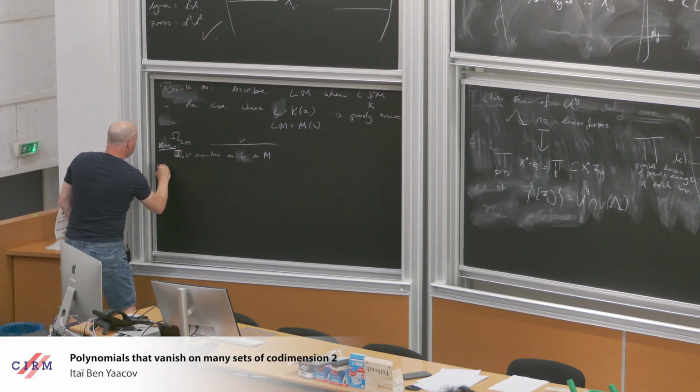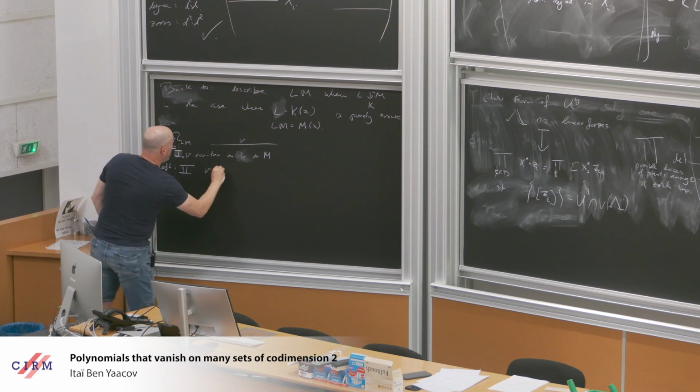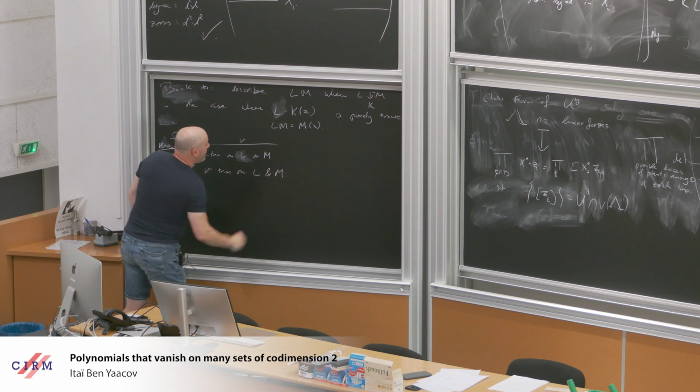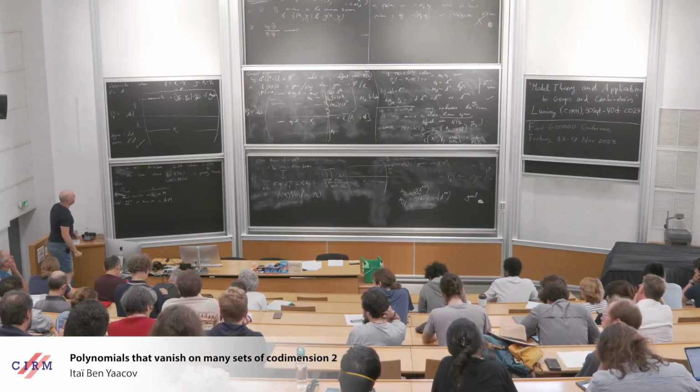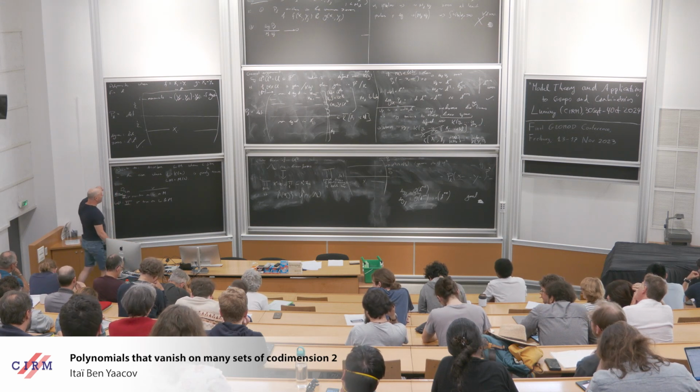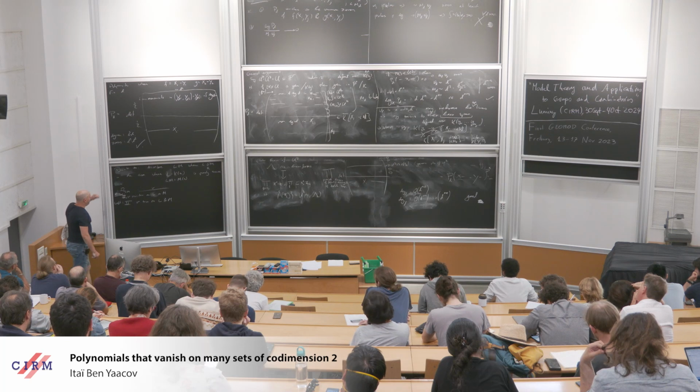Okay, so we are left to describe the second case, which is V trivial on L and M. Okay, and now we know that it is on the residue field, V is.